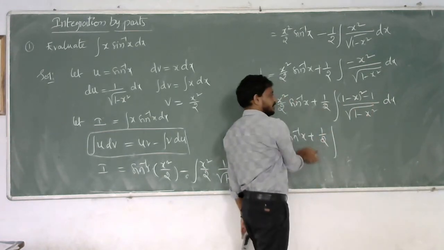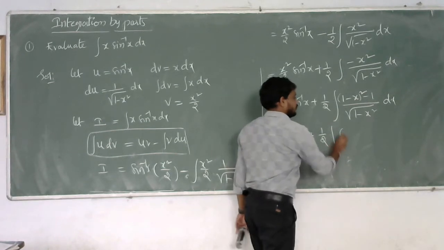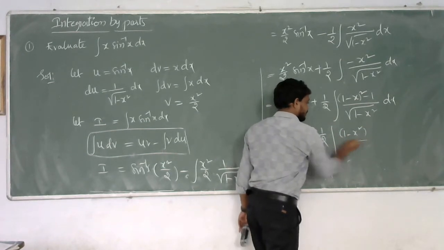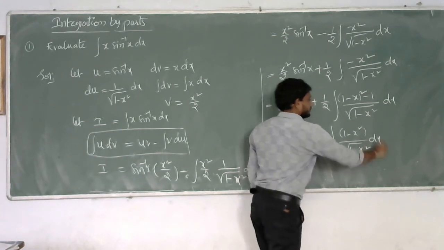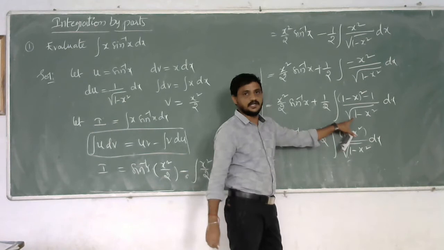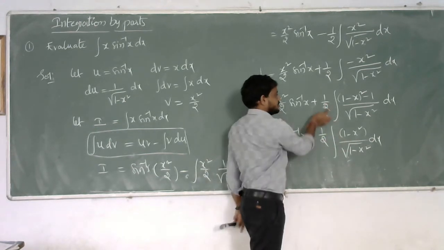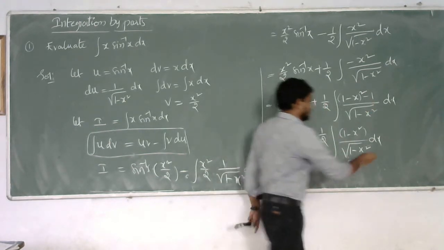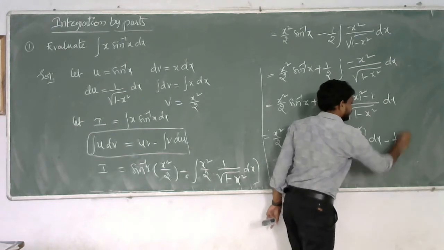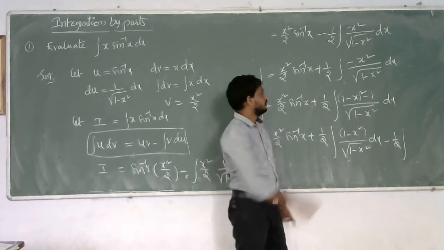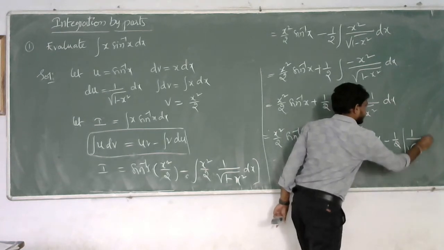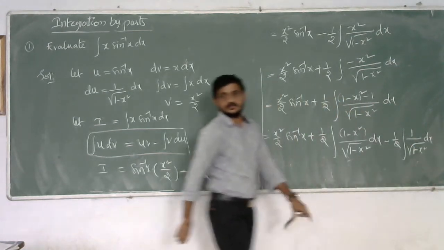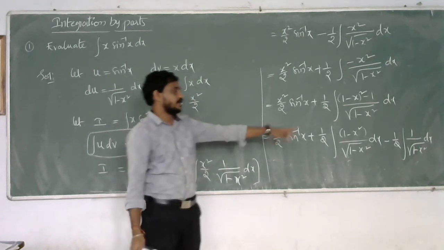Here plus 1 by 2 into integral of 1 minus x square by under root of 1 minus x square into dx. So first term by denominator, then plus 1 by 2 into second term. That means here you will get minus 1 by 2 into integral of 1 by under root of 1 minus x square into dx. Okay, so that is the second term.